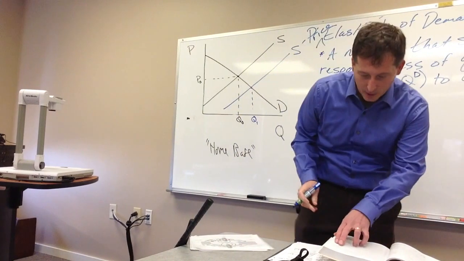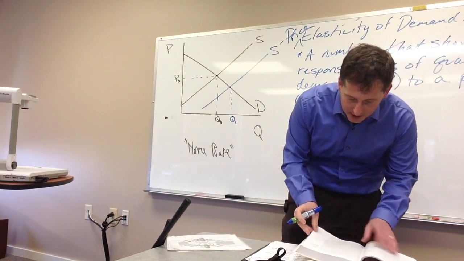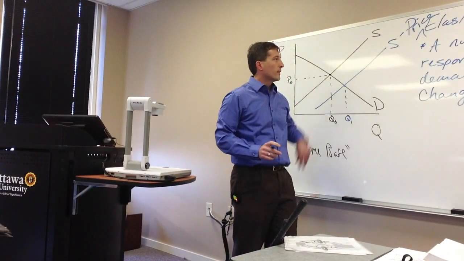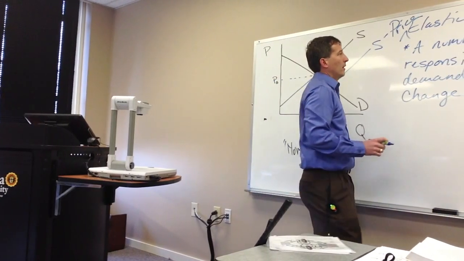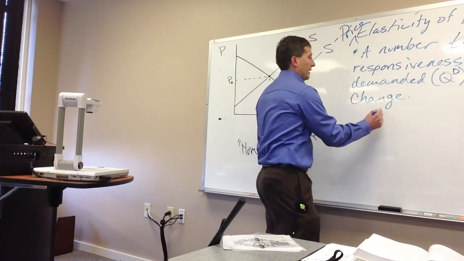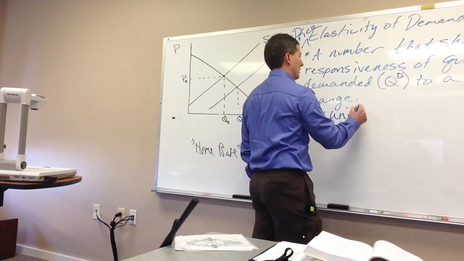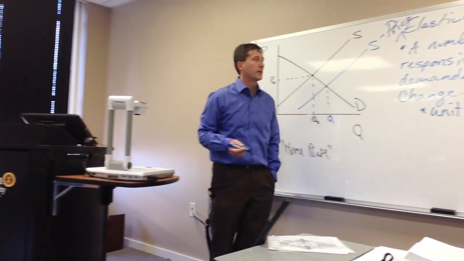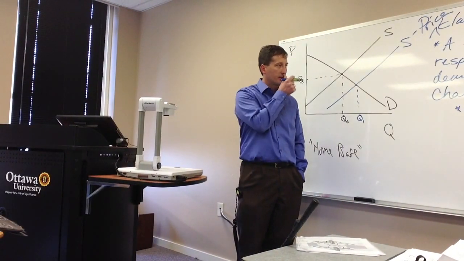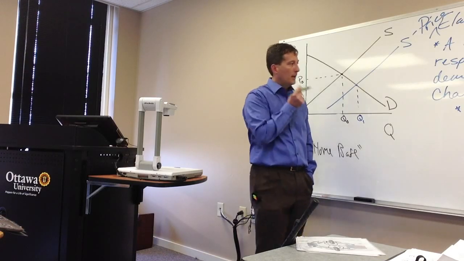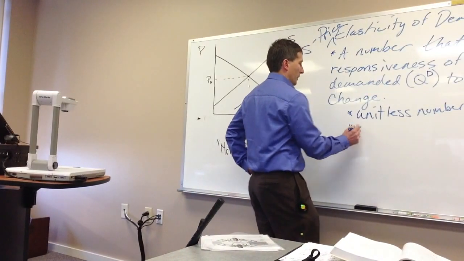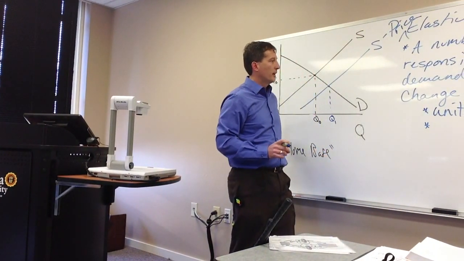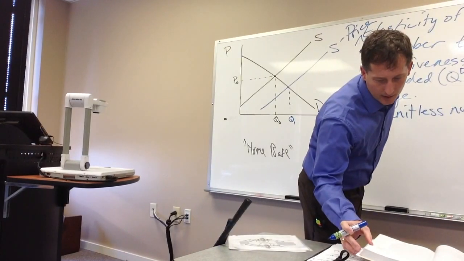I guess since I opened it, what did they put here? The percentage change of quantity resulting from a 1% change. So the elasticity ends up being a unitless number. There are no units to it. It just is what it is because it's the ratio of two percentages. And one little trick that we do, and your textbook even kind of wraps this into the definition, in fact, might as well.